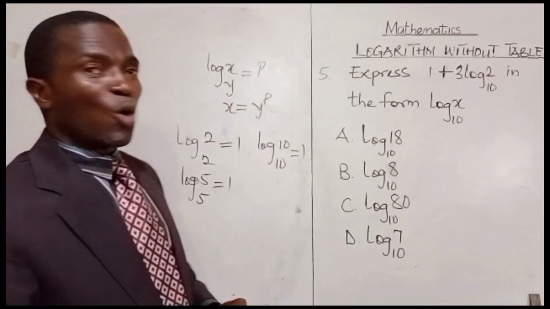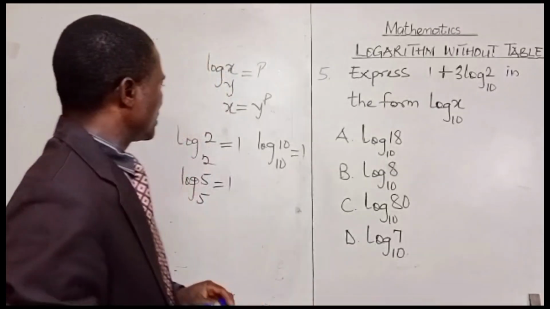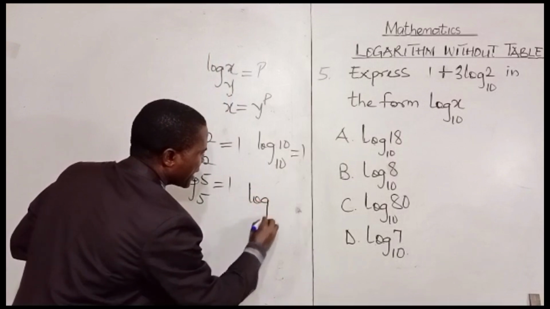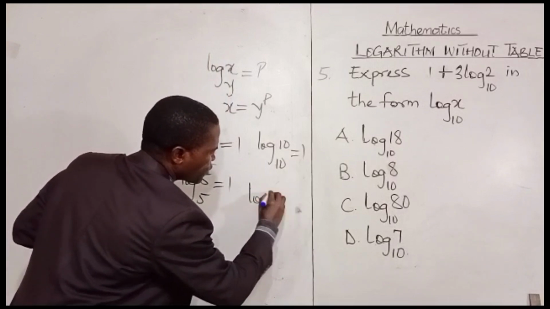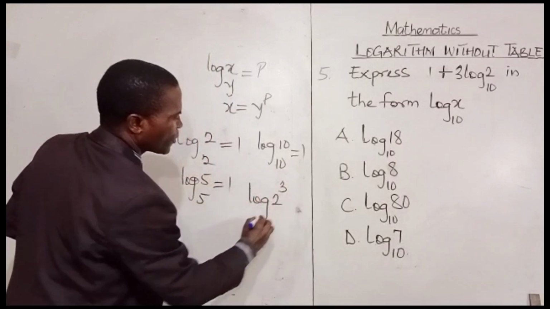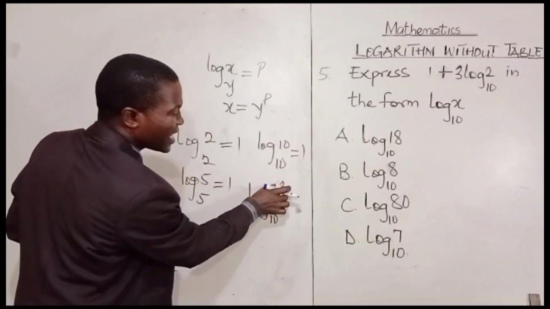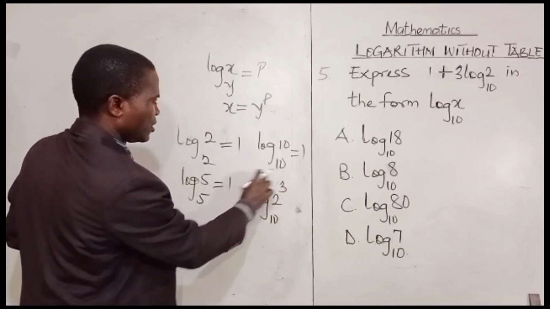Now we have another law, which is the power law. The power law says if you have a number like log 2 base 10 raised to the power of 3, you are permitted to transfer this power down.